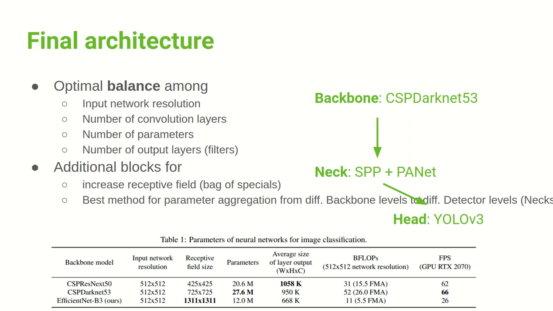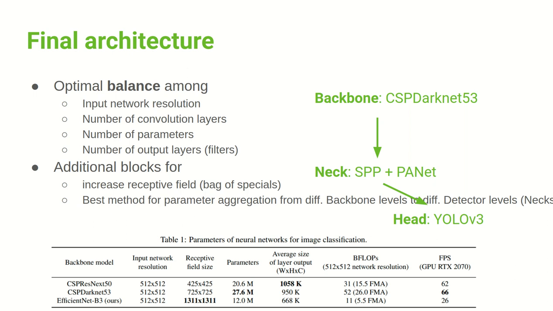But if you see the final frames per second, you can tell that Darknet53 is the fastest, while EfficientNet B3 has the lowest BFLOPs but is the slowest. It also shows a paradox: people think that a lower BFLOPs means faster, but that's not always the case. And EfficientNet B3 also has the smallest number of parameters here.